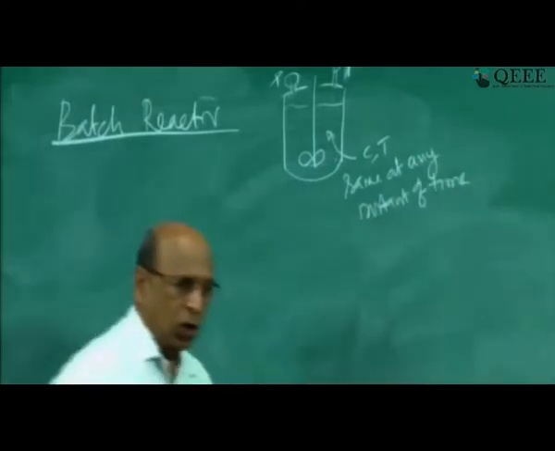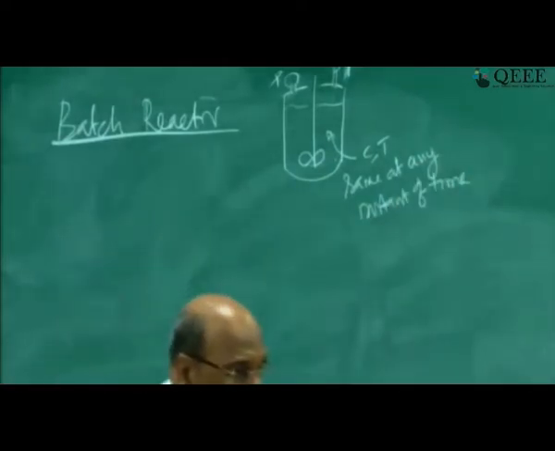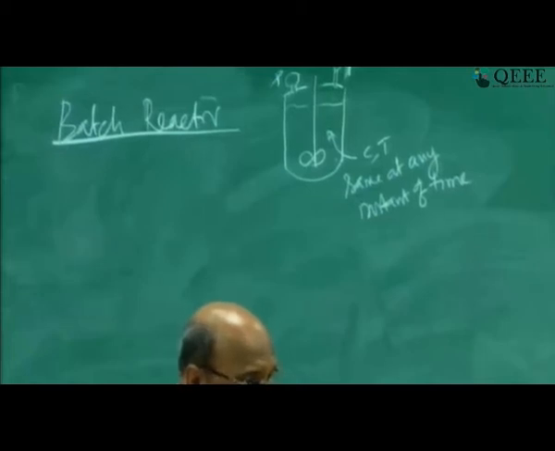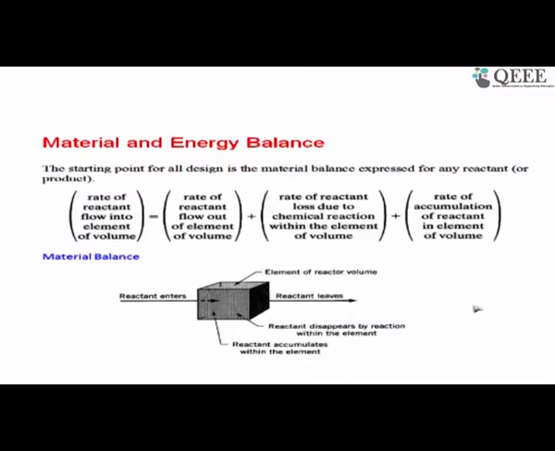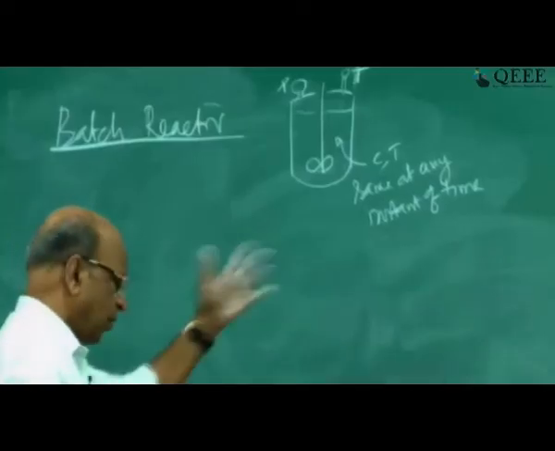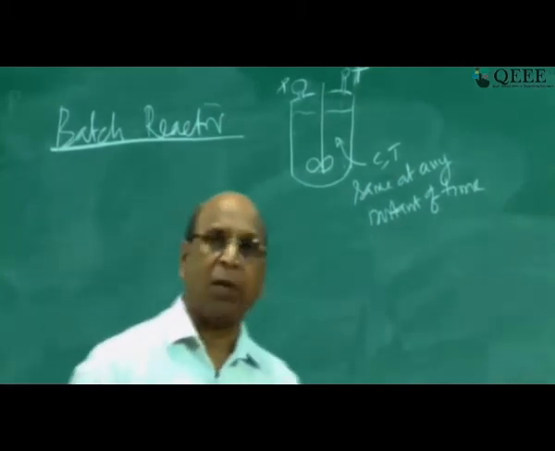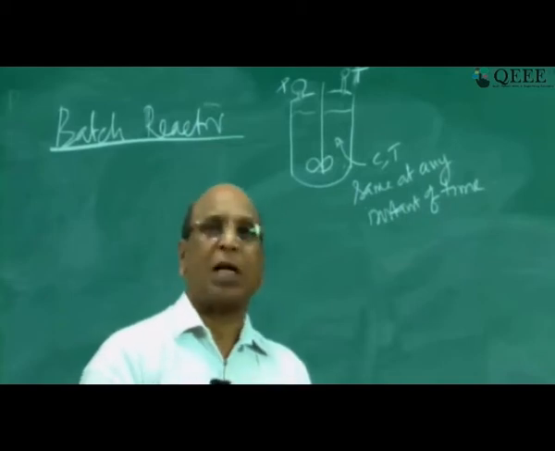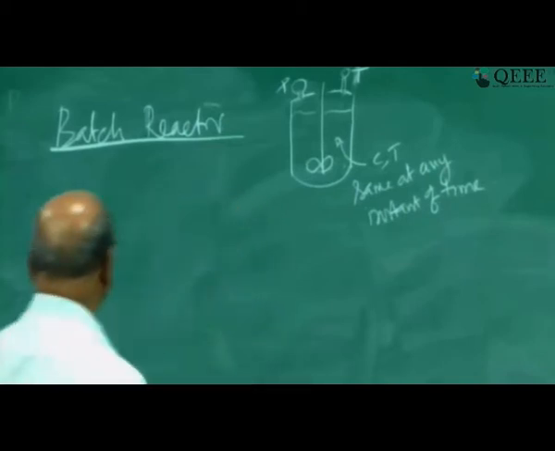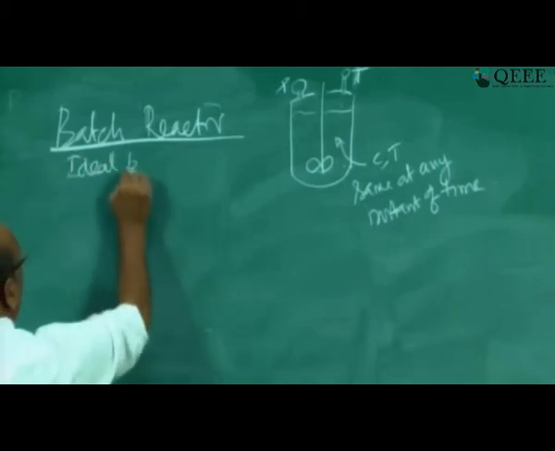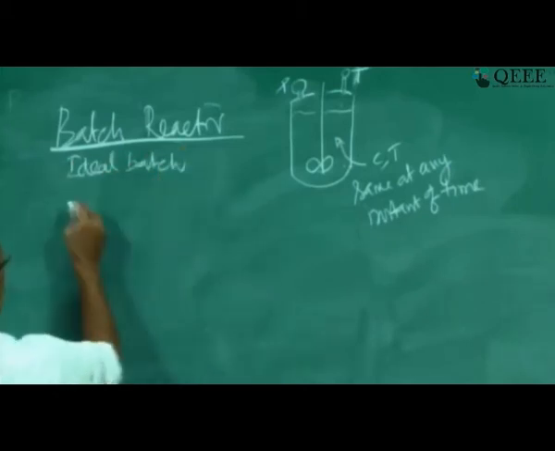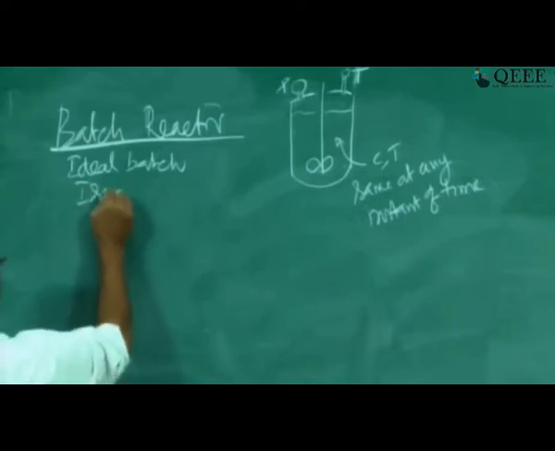So just before going to that, I will tell you this is a general thing. What we write for deriving the equations is a material balance and energy balance. Because we are using only the isothermal system, the assumptions are an isothermal, ideal batch reactor.